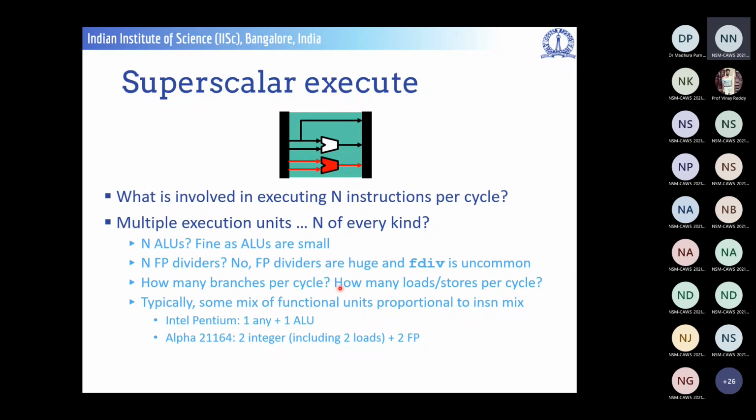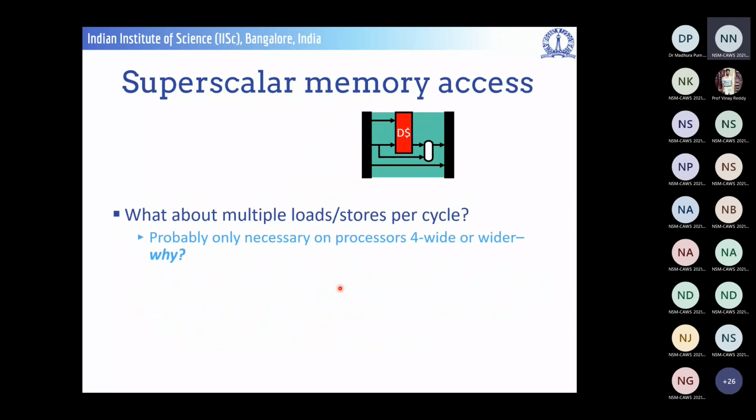You don't multiply all of them by the superscalar width, because that would be too much. You don't need it, because not in every cycle will you have two ALU instructions. So this is more of an empirical analysis, and you will have some mix so that you don't often run into structural hazards when adding more and more execution units.